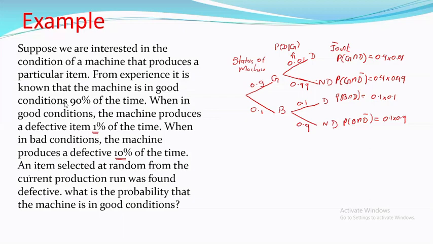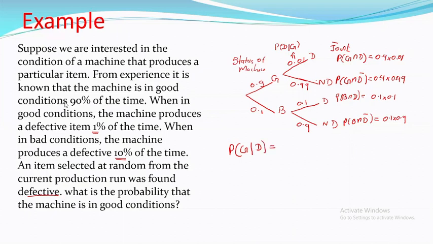Now, what is the probability asked? An item selected at random from the current production run was found defective. If the selected item is defective, what is the probability that the machine is in good condition? This one we have to calculate.